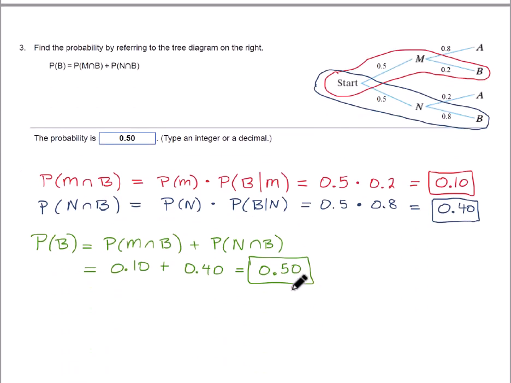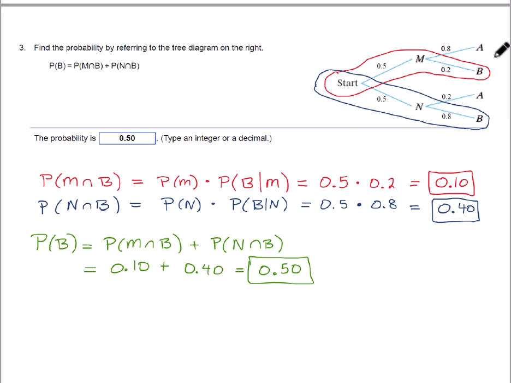So in the following, it's a bit more complicated. We want to find the probability of B. Now, where is B in this picture? Notice B is on the end of 2 branches.